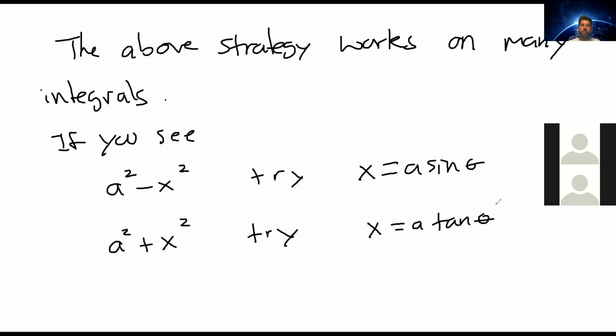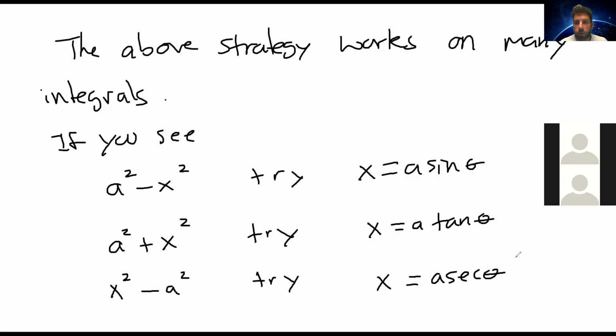What these allow us to do is take advantage of different trig identities. And then if you see x squared minus a squared, you should try x equals a times the secant of theta. Notice my English here.